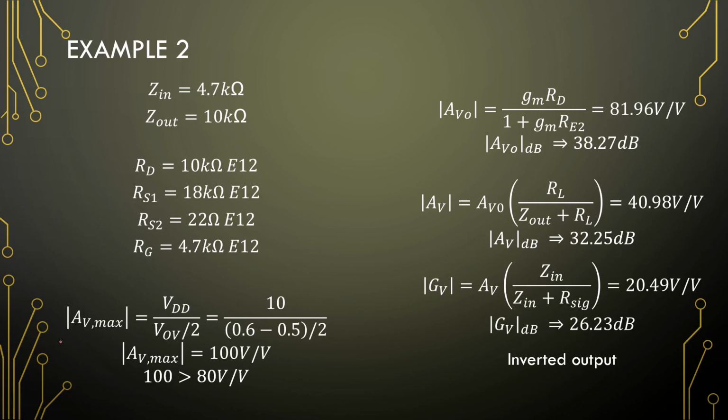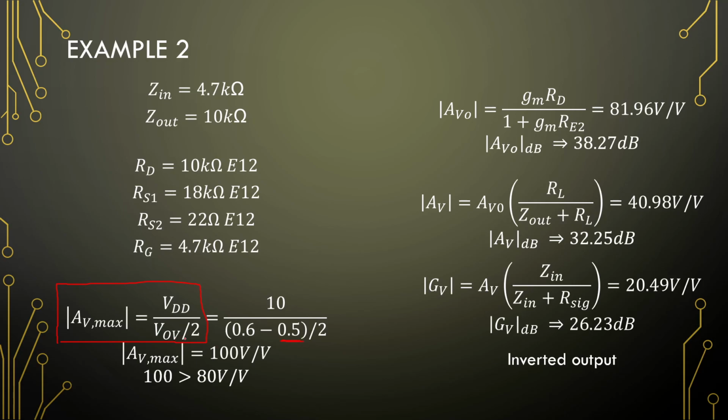Looking at this equation that we have for the maximum gain, VDD over VOV over 2. This is not ideal where this is about 0.2 volts, but you can still use it in the design if it's lower. It's just a bit of a rule not to choose this too close to the threshold voltage.